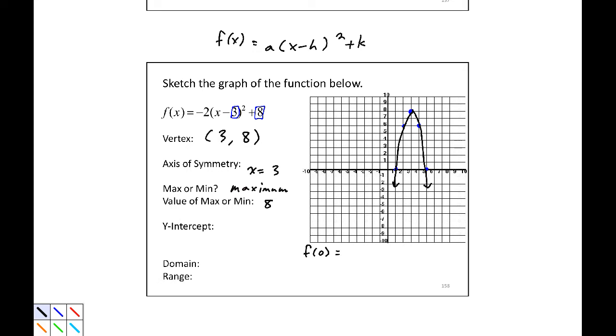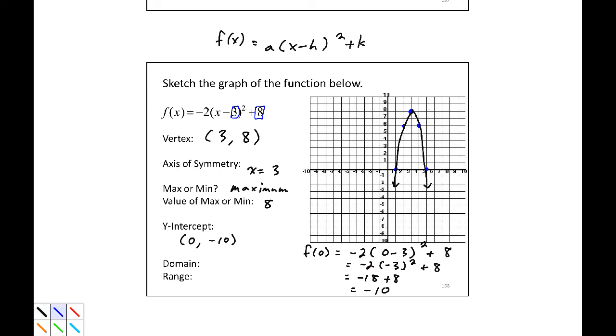That would be -2 times (0 minus 3) squared plus 8. Well, 0 minus 3 is -3, and -3 squared is 9, so this would be -18 plus 8, or -10. So the y-intercept is the point (0, -10).